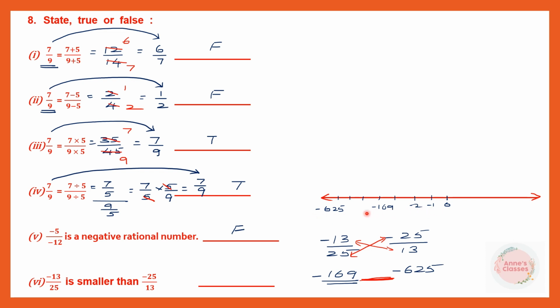So as you keep going to the left, it becomes smaller. That means this is smaller than this. So minus 169 is greater than minus 625. So here the question is minus 13 by 25, which is this, is smaller than minus 25 by 13, which is this, and this statement is false.